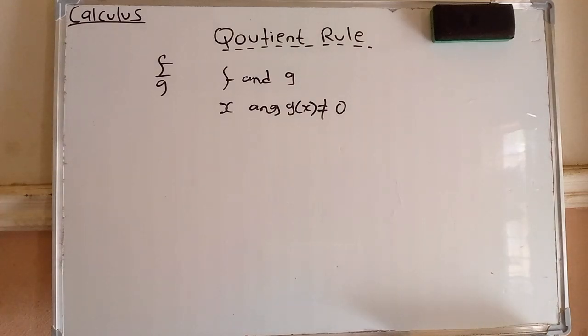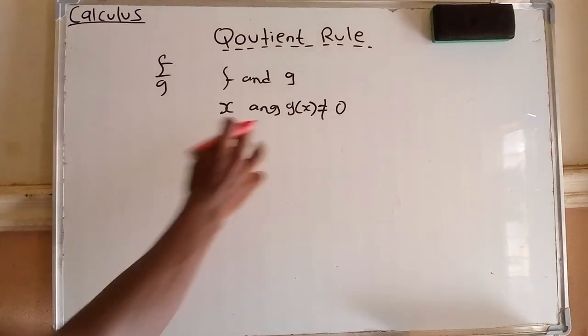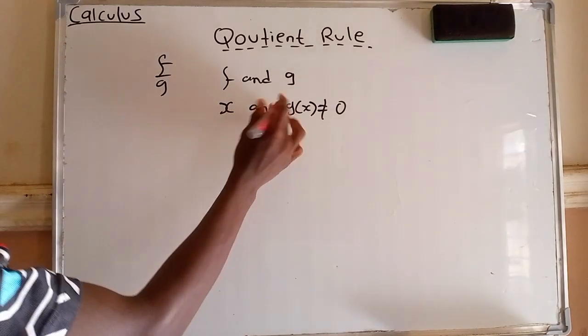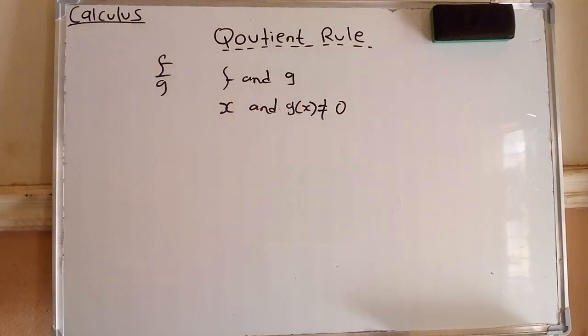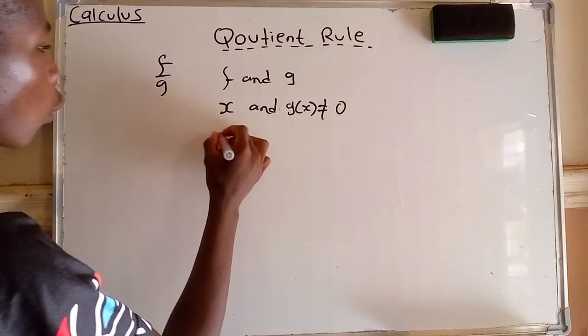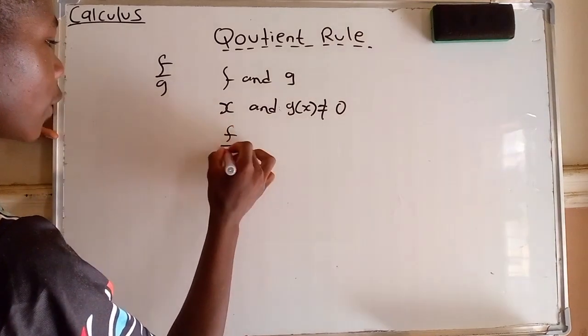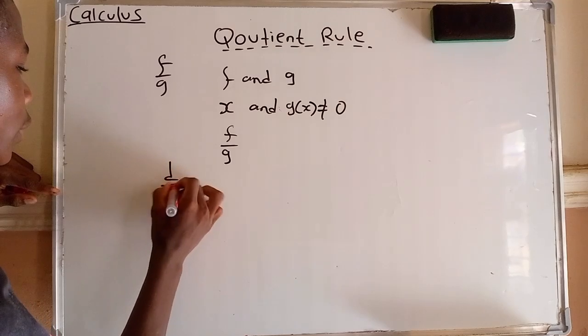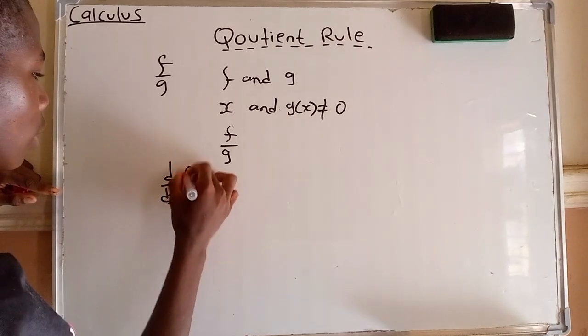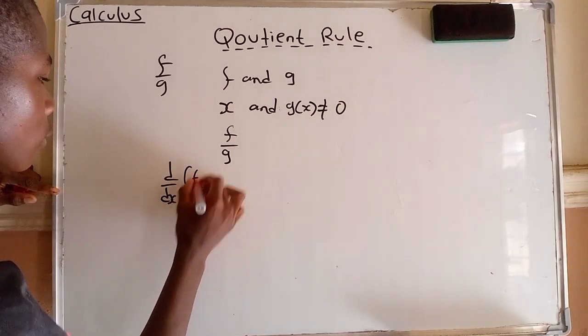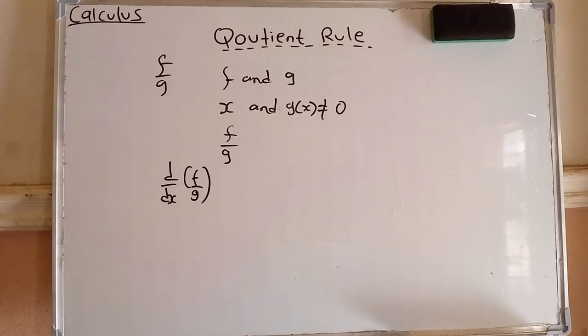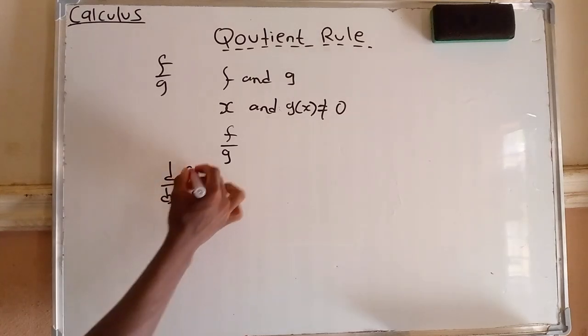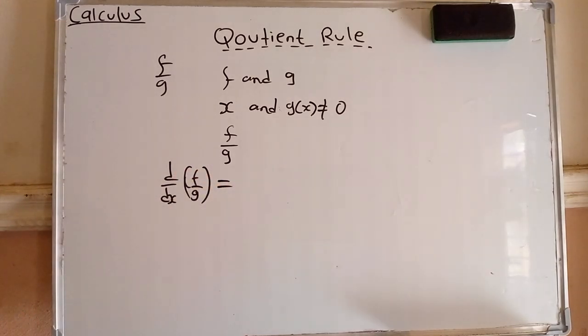If g of x is not equal to 0, then what is the derivative of the quotient f over g? Let's say d over dx of the quotient f over g.